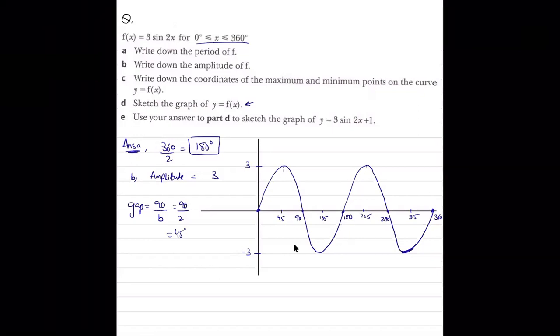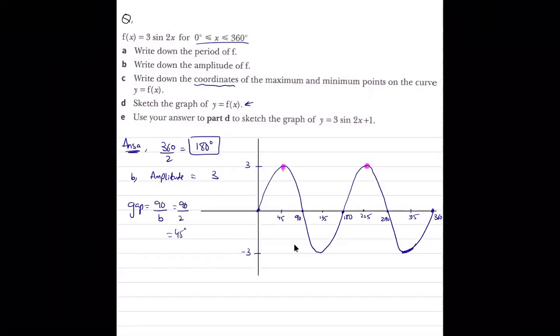Write down the coordinates of maximum and minimum points. Now the question says coordinates, so this must include the x coordinate as well as the y coordinate. So maximum points are (45, 3) and (225, 3).